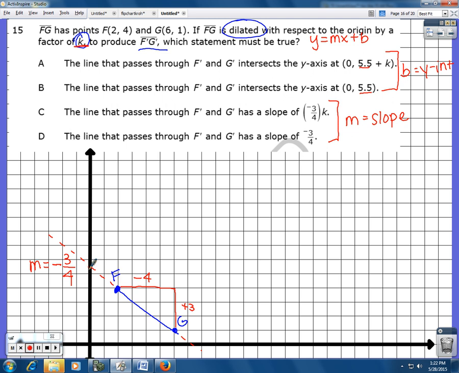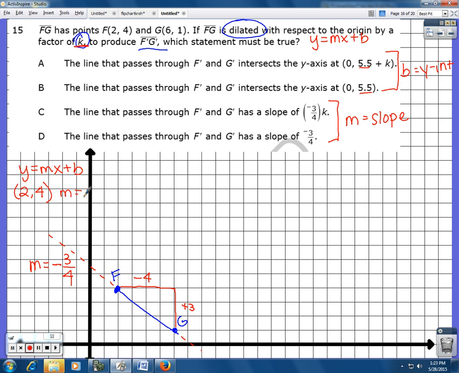If you wanted to make sure, you could use the slope that you found and one of the points to figure out what the intercept would be by doing this. So you have your equation. Use the slope that you just found, and also use one of the points. For example, let's use point F, which was at 2, 4.